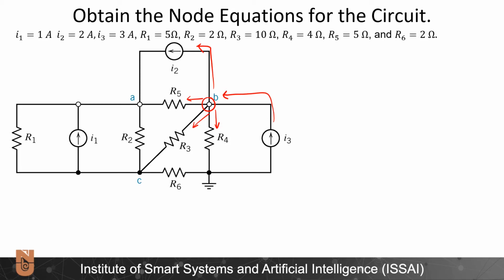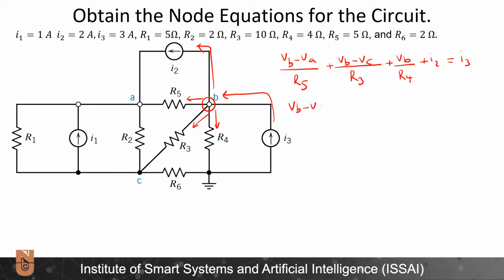So I will write this as VB minus VA divided by R5 plus VB minus VC divided by R3 plus VB simply divided by R4 because it's connected to the reference node, and plus I2 is equal to I3.